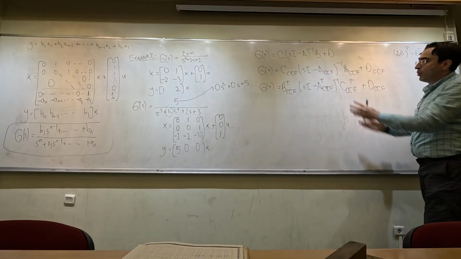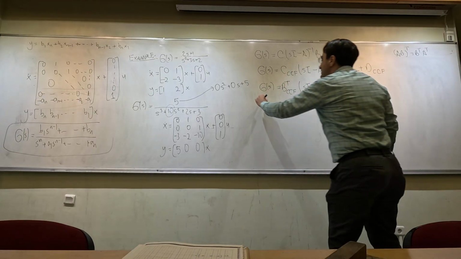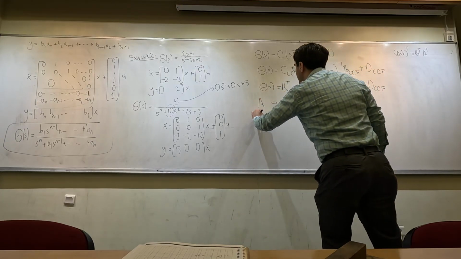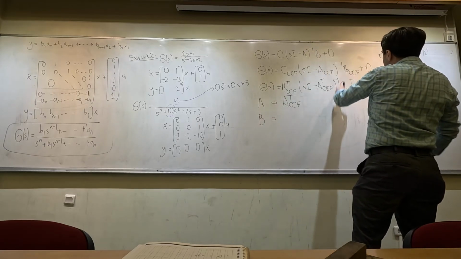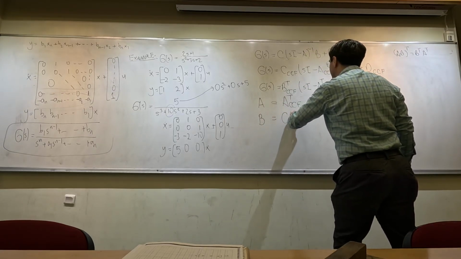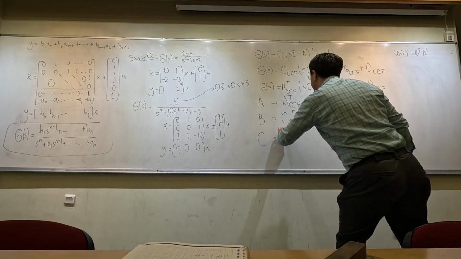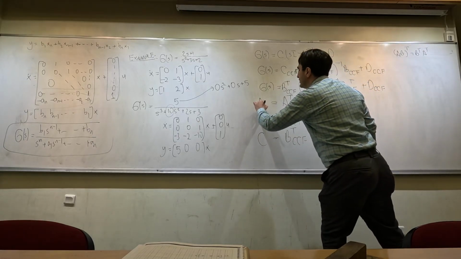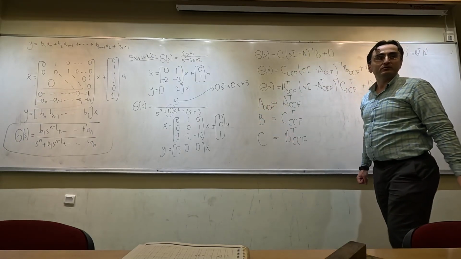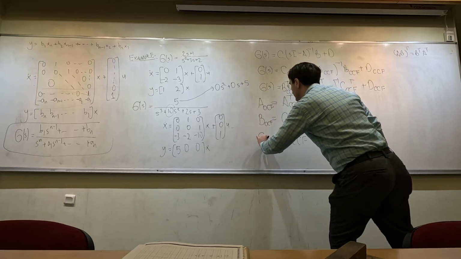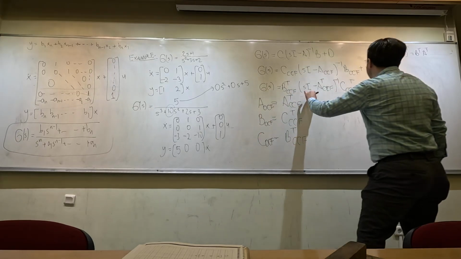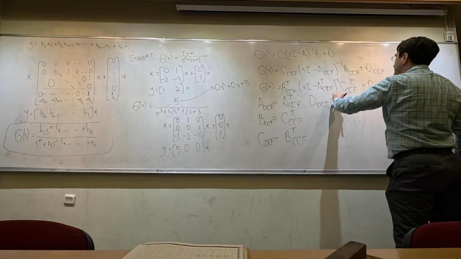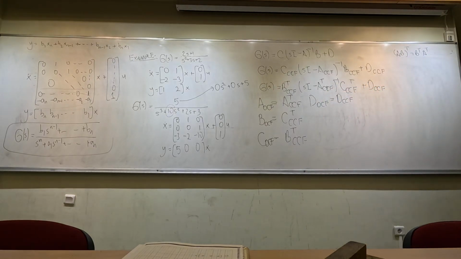So we call such a representation, when A is selected as A controllable canonical form transpose, when B is selected as C controllable canonical form transpose, and when C is selected as B controllable canonical form transpose, the observable canonical form representation. And D remains the same. D observable canonical form is equal to D controllable canonical form.